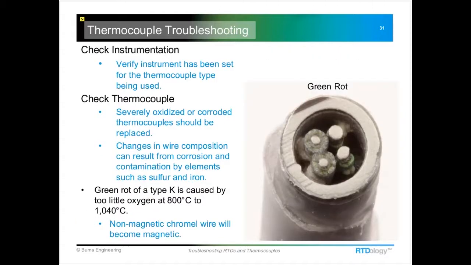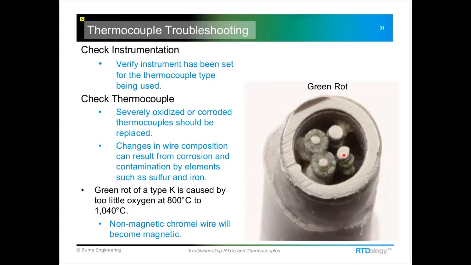Now, a few people had experienced some corrosion with a type K thermocouple used at high temperature. We have what's called green rot, and really what it is, is some kind of selective corrosion of the conductors used inside the probe. This photo here shows a dual element thermocouple, so there were 4 leads inside this mineral insulated sheath.